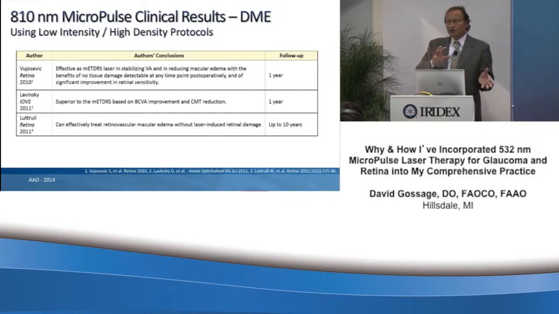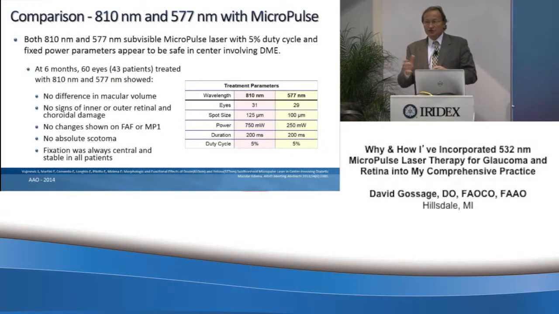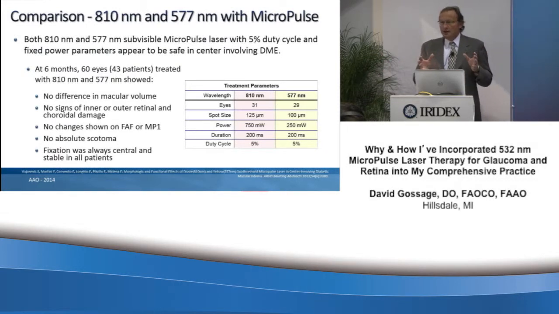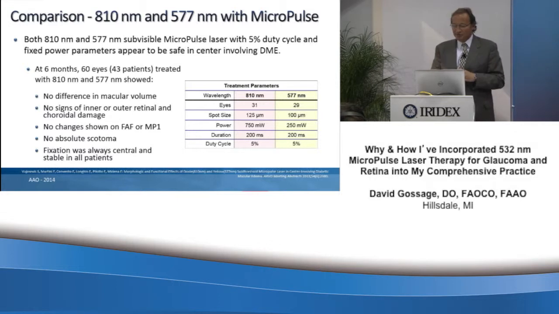This study then kind of showed taking 810 and comparing it to the 577, and what they showed is that really it didn't matter too much on the wavelength. You do have to adjust the powers and make those differently between the 810 and the 577, but really there is no difference between the 810 or the 577 in their treatment effects on these patients, and they both worked well.